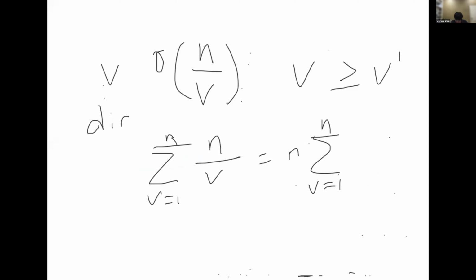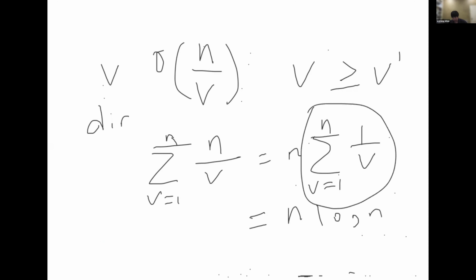You extract the n, and it's a well-known fact that the sum of all the reciprocals from one to n is approximately log n. You can Google the proof, and there's another nice way to do it by grouping powers of two. But this sum is log n. So the result is that Bessie the cow can be in O of n log n different states.